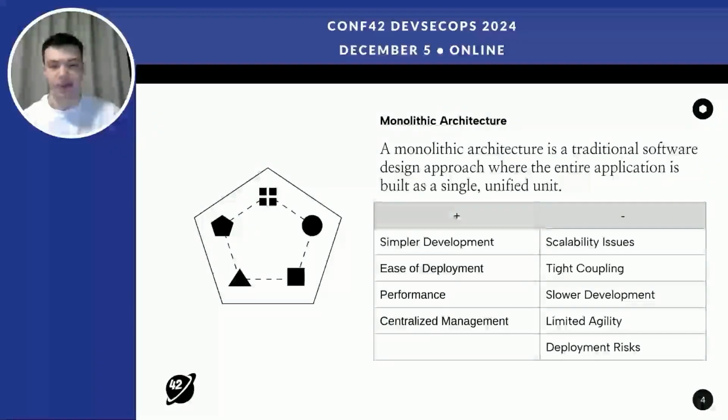So of course, it presents different scalability issues. You cannot simply copy one large piece of software, because if one component fails, then the whole system fails. So it is tightly related to coupling between your components. And of course, deployment risks.